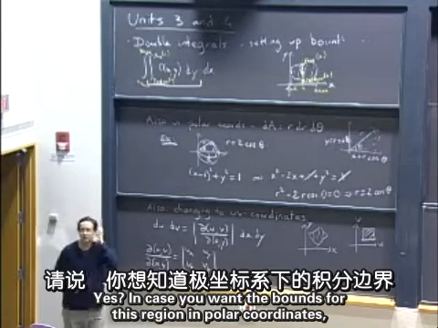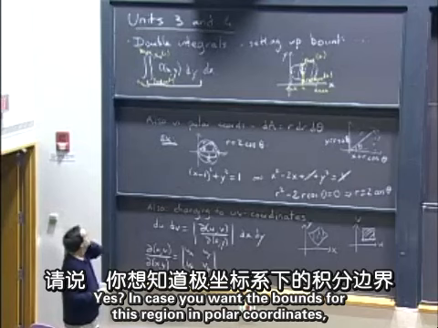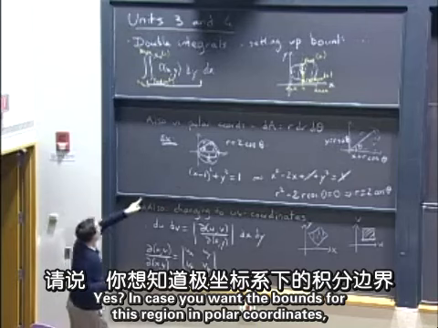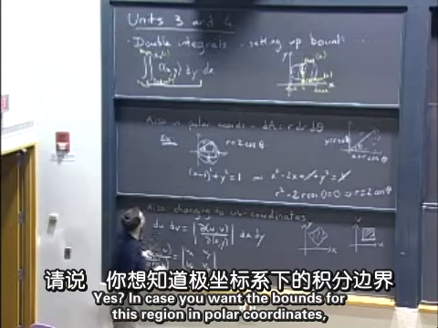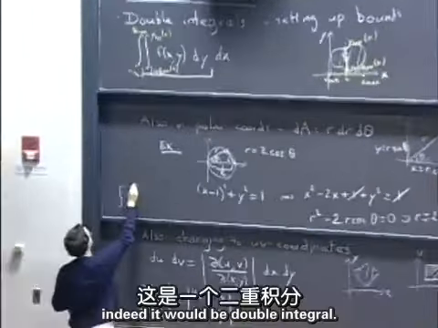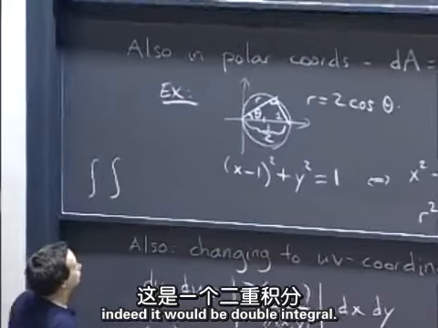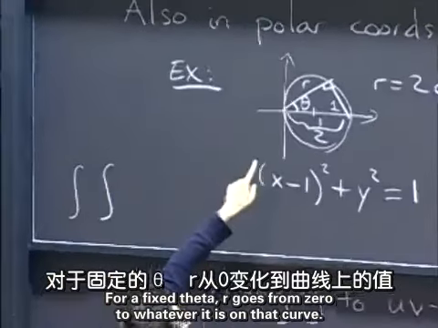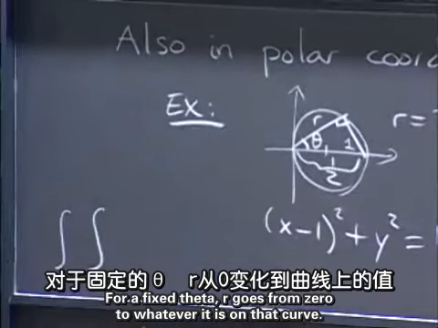Yes? Yes, so in case you want the bounds for this region in polar coordinates, indeed, it would be a double integral. So r, for a fixed theta, r goes from 0 to whatever it is on that curve.